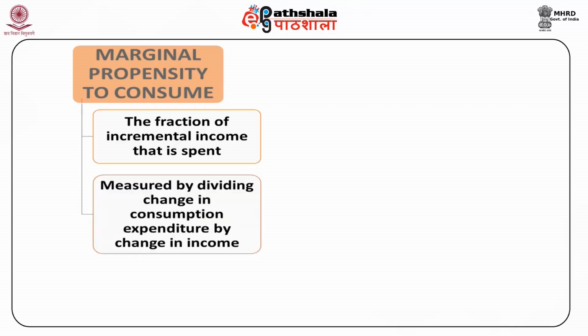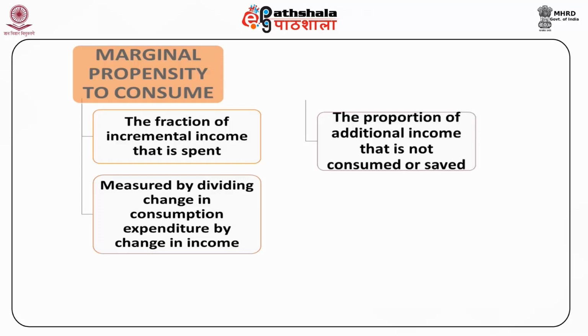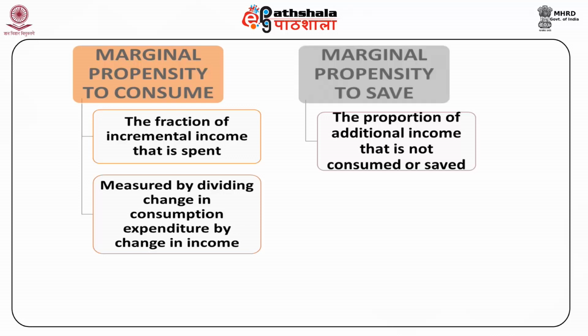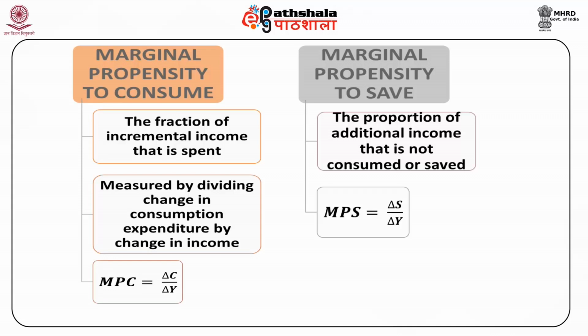This is measured by dividing change in consumption expenditure by change in income. Similarly, the proportion of additional income that is not consumed or saved is referred to as marginal propensity to save, or MPS. Symbolically, MPC = ΔC/ΔY. MPS = ΔS/ΔY.